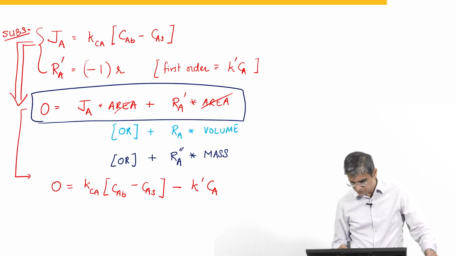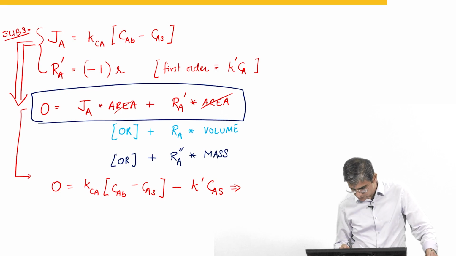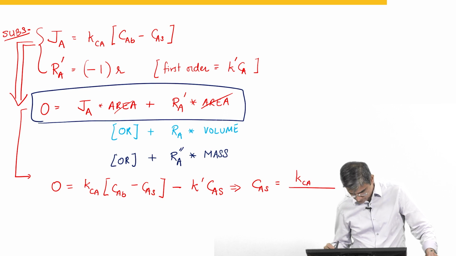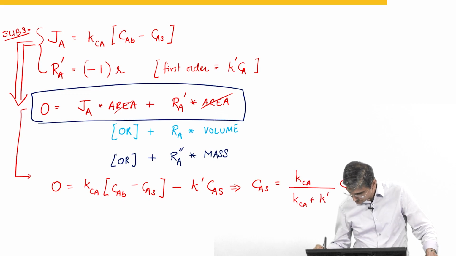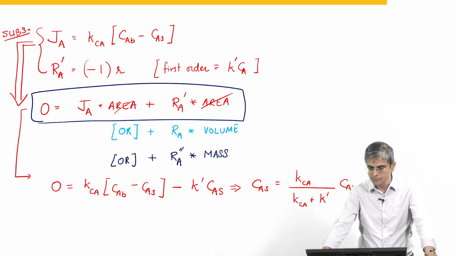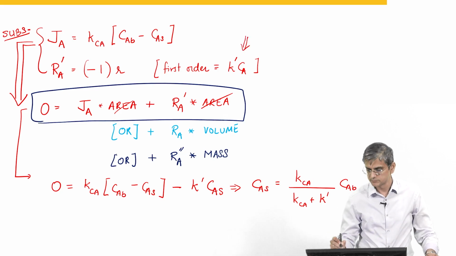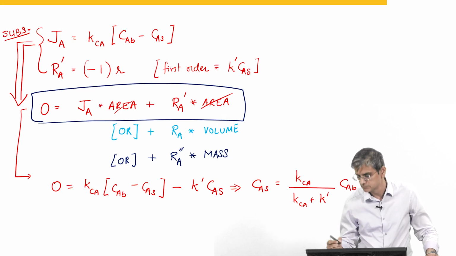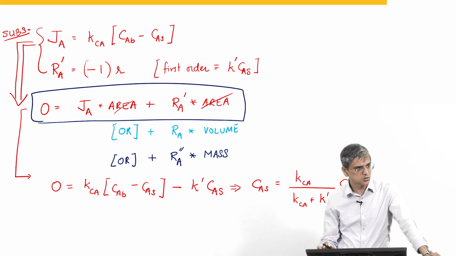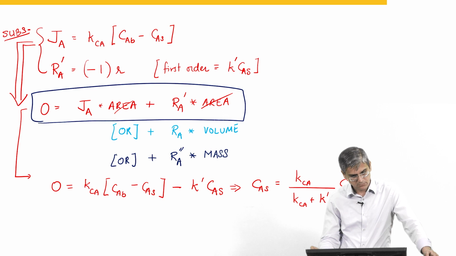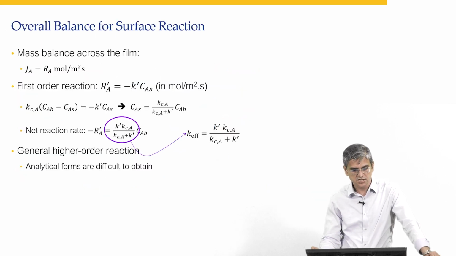So, if we were to do this, we get the rate of reaction, which is nothing but K dash multiplied by this. I have just put an S over there as we just discussed. That is essentially this derivation.